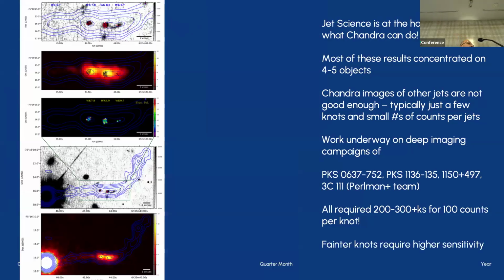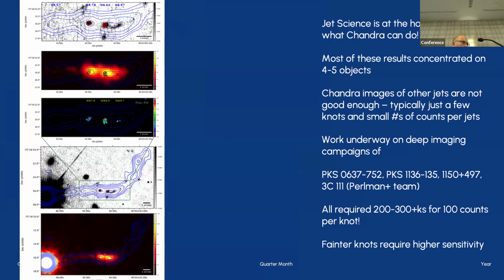And in fact, here is some of that data. Here is the Parks 0637 jet. And you can see that now we really do resolve those knots well. And there's optical polarization of 3 different knots in the jet.